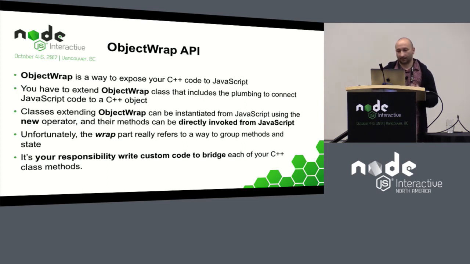All the classes that extend ObjectWrap can be instantiated from JavaScript using the new operator, and their methods can be called directly from JavaScript. But the word wrap only refers to a way to group your methods and your state. But at the end, it's your responsibility to write a custom bridge with your C++ class methods.